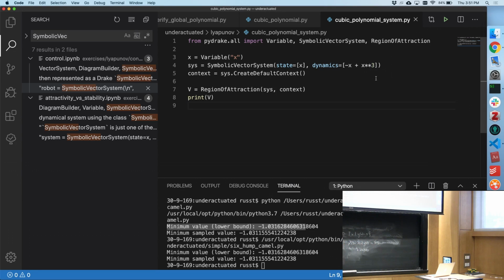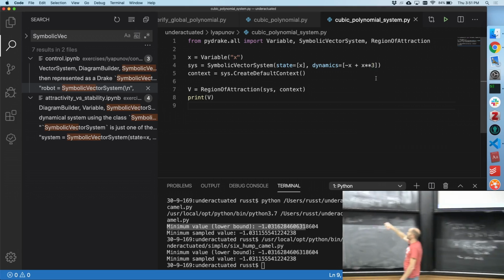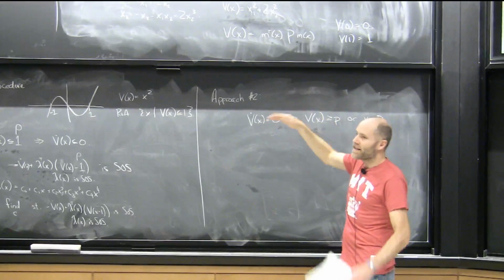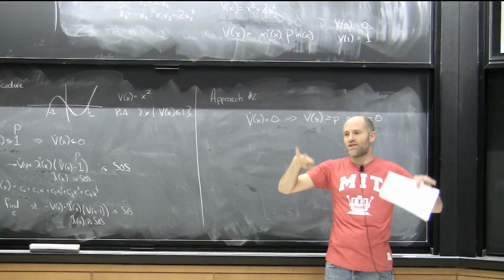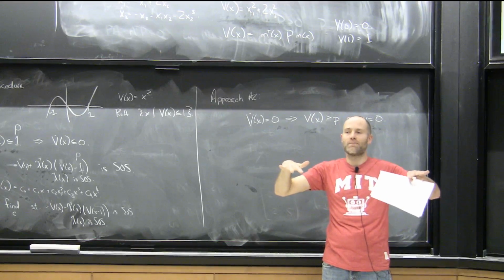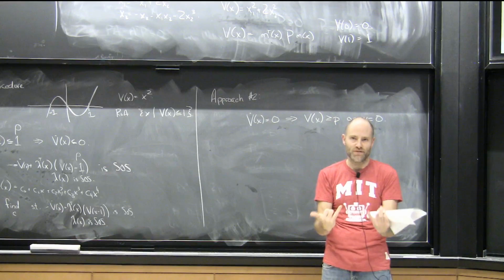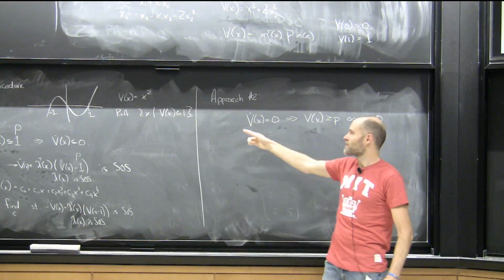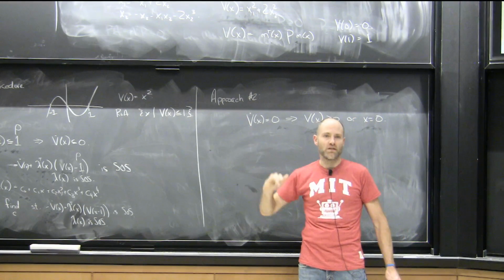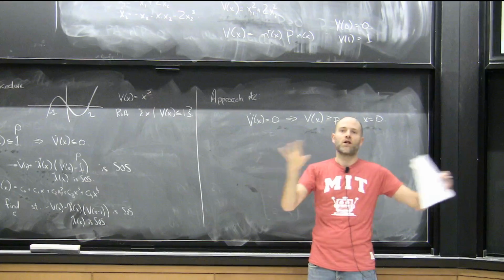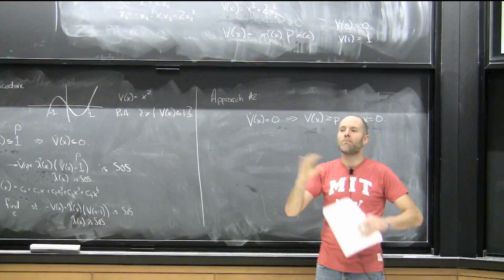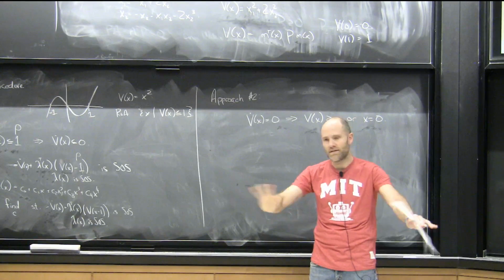Behind the scenes, it's actually doing a bunch of stuff. For instance, it's taking V dot, it's looking at the Hessian, the local approximation. It's trying to find a change of coordinates so that both Hessians are numerically well balanced. It's adding extra terms in front of the Lagrange multiplier, and picking the degree of the Lagrange multiplier so that terms match as well as possible. It's doing a bunch of little things behind the scenes that you just don't want to think about.